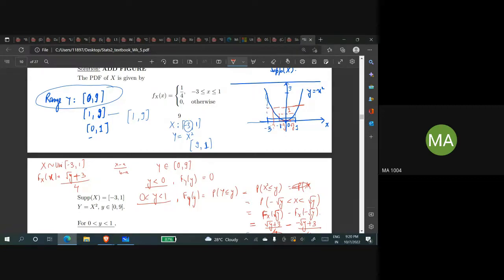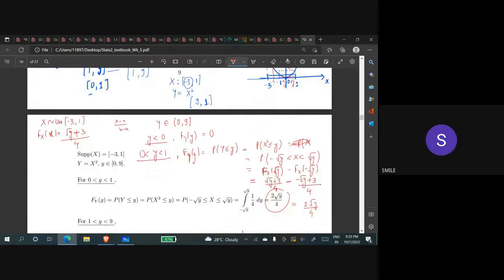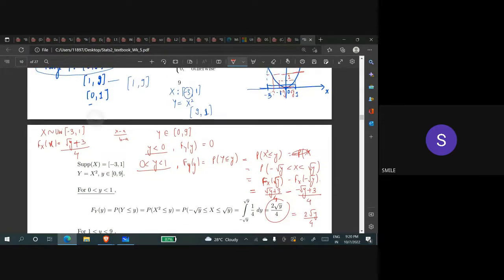But ma'am, in the way we have progressed in the equations, we got F_X of root y minus F_X of minus root y, right? Now, if I want to use this formula, it is only applicable if x lies between minus 3 to 1, which means root y lies between minus 3 to 1.